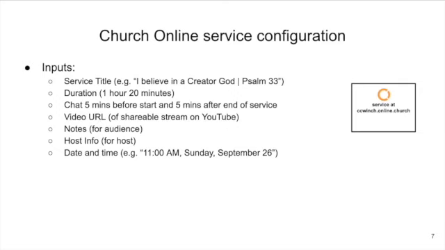And then the host info is for hosts. Given that the only person that hosts it that I know of is Peter, that's a bit of a waste of time at the moment. But if we get more hosts in the future, then we can put standard information in there for them to access. And then there's date and time.